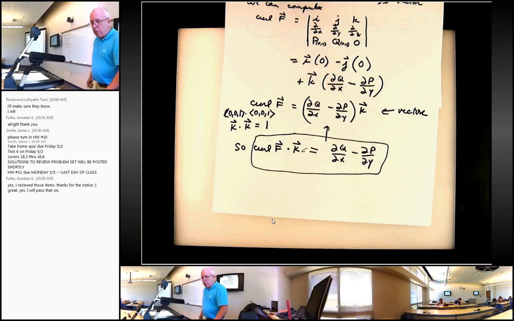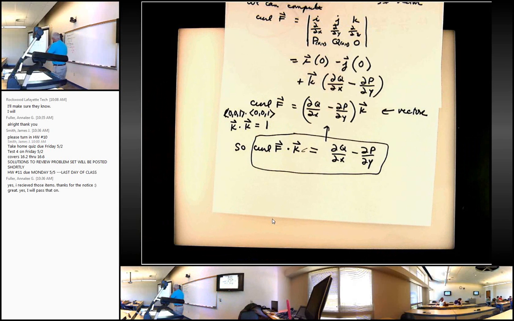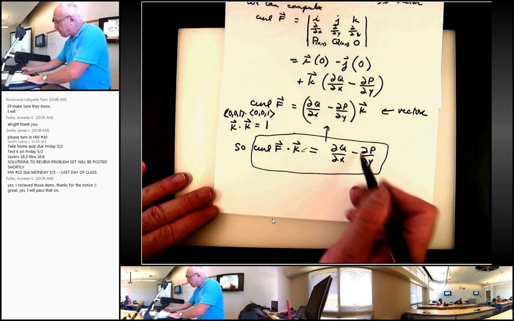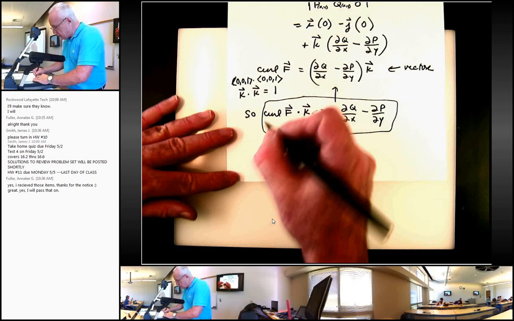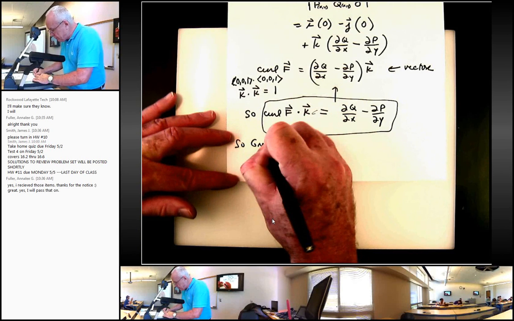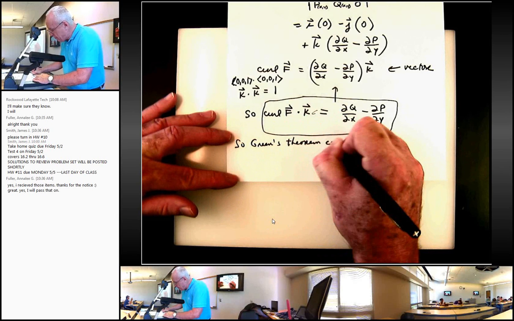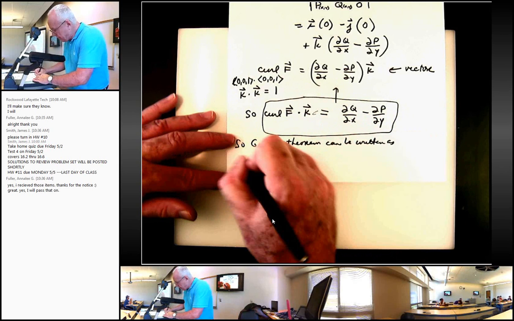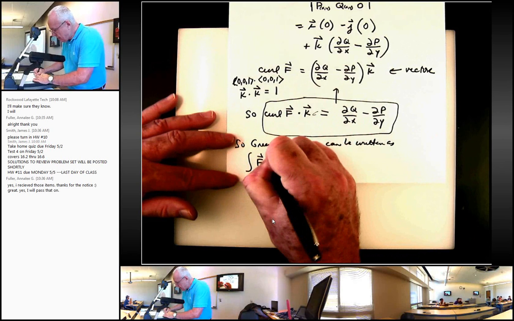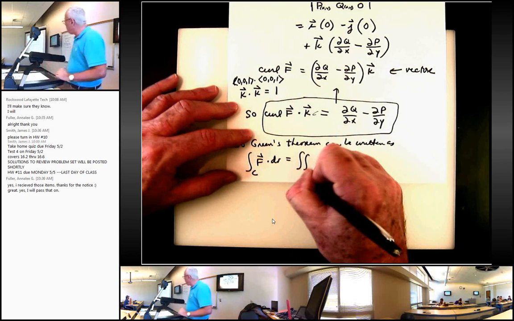All right. So we can represent now Green's theorem involving this curl, because we have part of the formula for Green's theorem, partial q, partial x minus partial p, partial y. So I can say this. So Green's theorem can be written as the line integral over C of F dot dr is equal to, okay, the double integral over the domain.